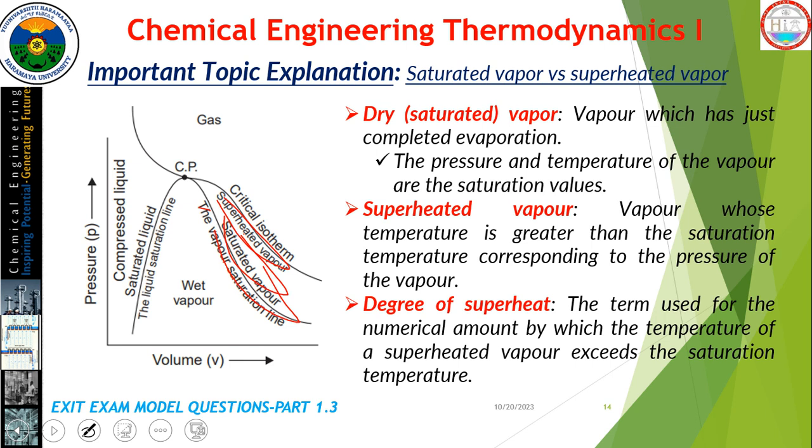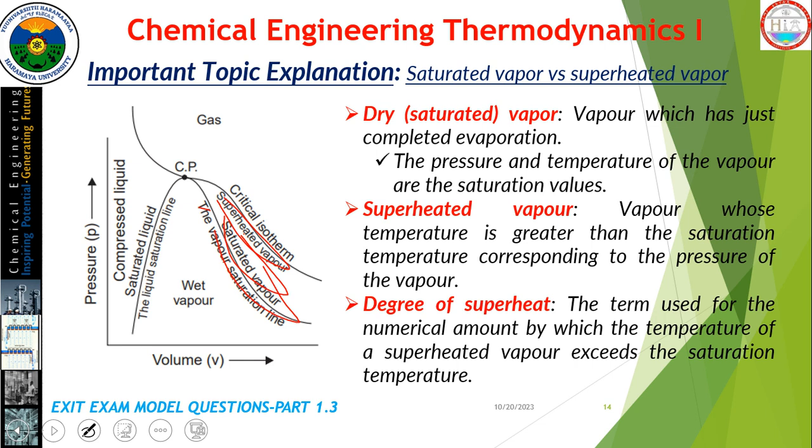In this explanation, the main difference between saturated vapor and superheated vapor is that the temperature of the system for saturated vapor is minimum compared with superheated vapor, while the temperature of superheated vapor is higher. A vapor whose temperature is greater than the saturation temperature is superheated vapor.